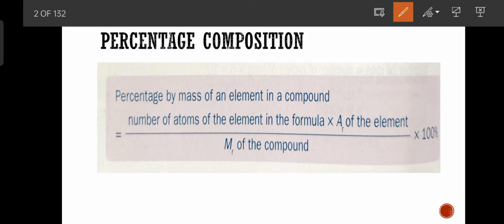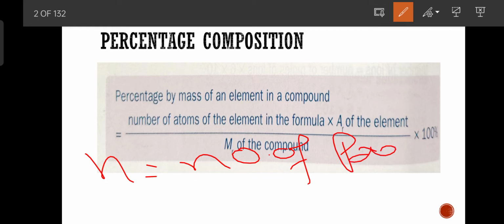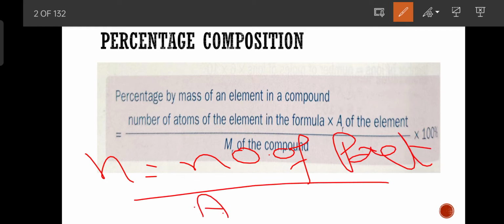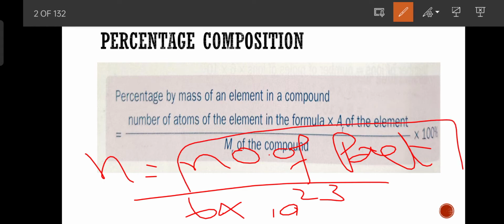And if you have to find the number of particles, you can use the same formula just by rearranging it. If you are provided with the number of moles, then to find the number of particles you will multiply the number of moles with Avogadro's number, 6 multiplied by 10 raised to power 23.